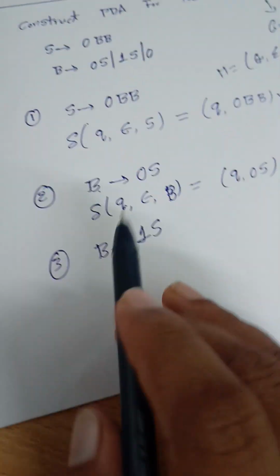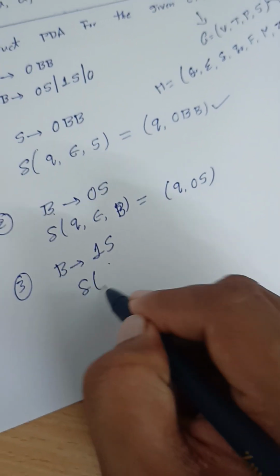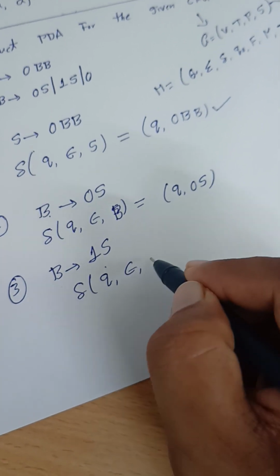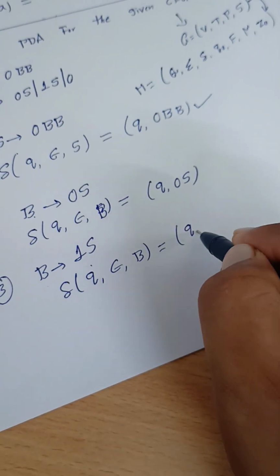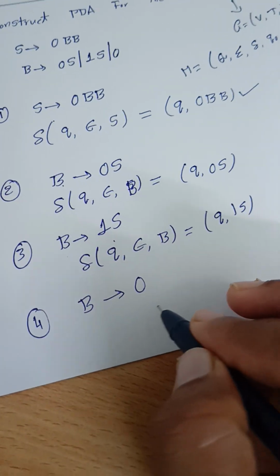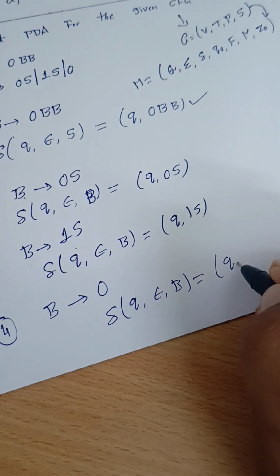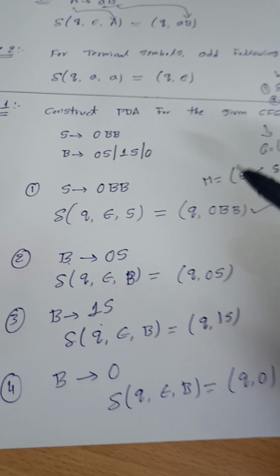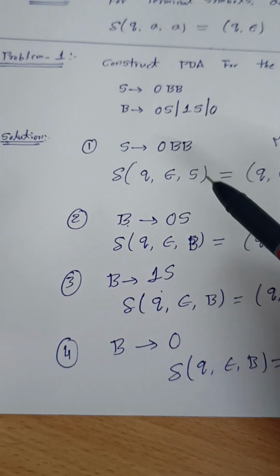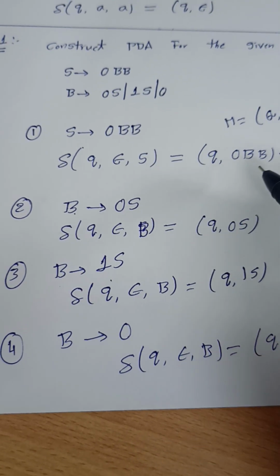Already this is in GNF format, so we write delta of q comma epsilon comma B is equal to q comma 1S. The fourth production rule, B implies 0. We write delta of q comma epsilon comma B is equal to q comma 0. Here we have 4 production rules, so we write 4 transition functions, one for each production rule. That is rule 1.